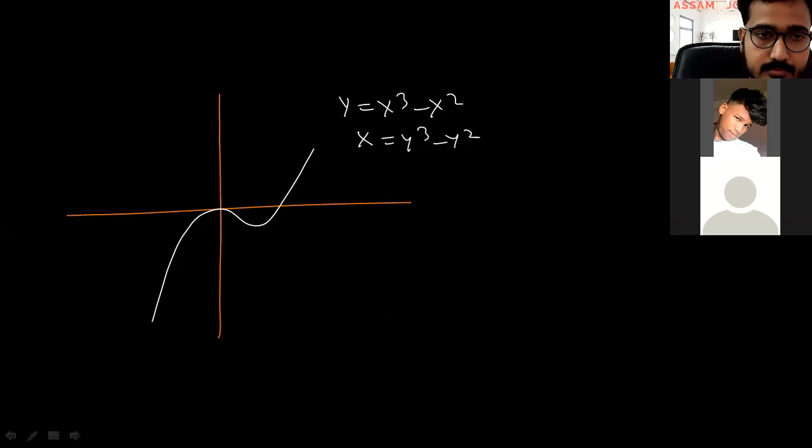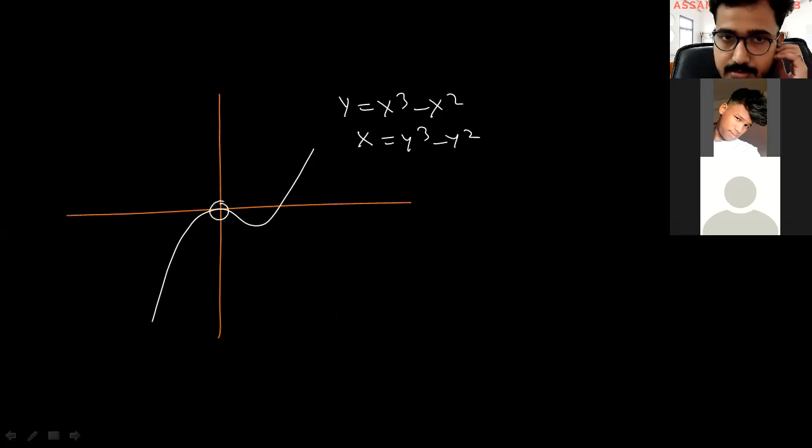Yes, 2, because it is the graph of x cube minus x square. But if I give y cube minus y square, then how many solutions does it have? 1, because then it will cut only 1 point.